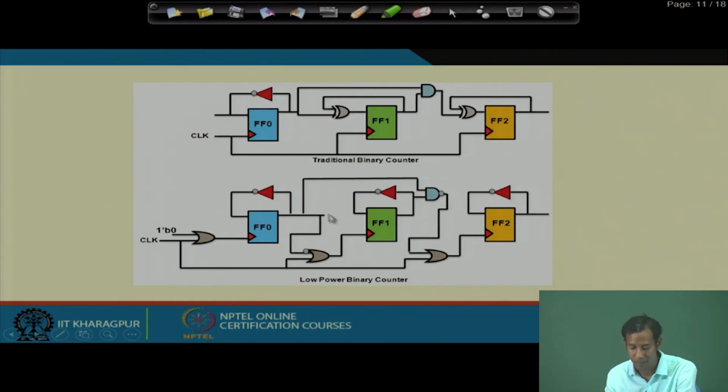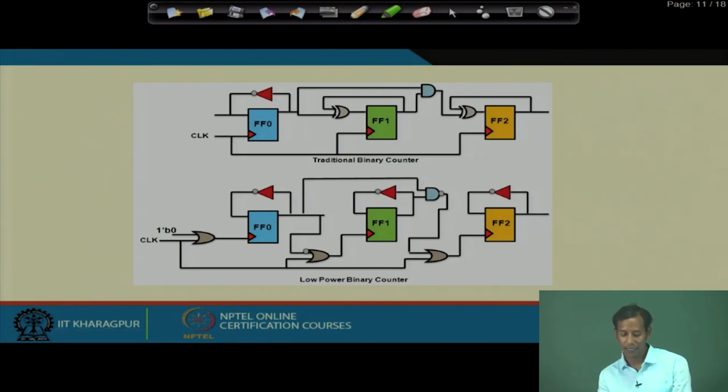Okay. Whenever this is not running, that means if all the portions are 0, then this will also be 0, this will also be 0. So, at that time the clock will just be this circuit which is implemented here. So, some modification in the architecture, in the gates also, is done to make the traditional binary counter work as a low power binary counter.